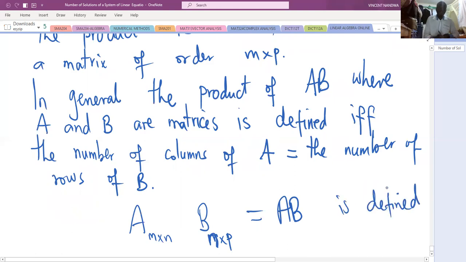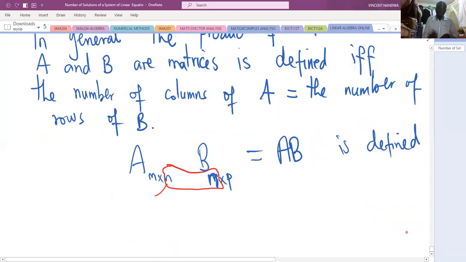When you observe the sizes of these matrices, these numbers must always agree. The columns of the matrix to the left must agree with the rows of the matrix to the right. So that is the condition.